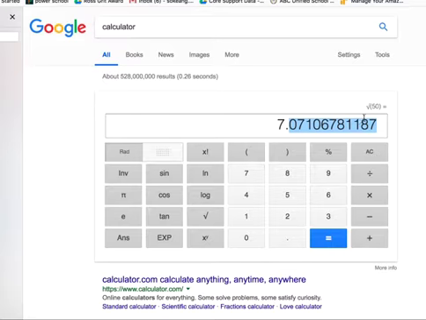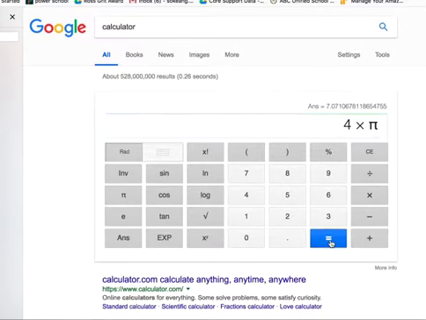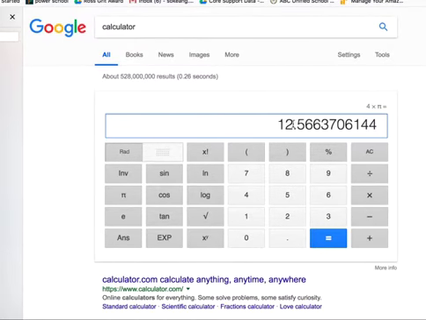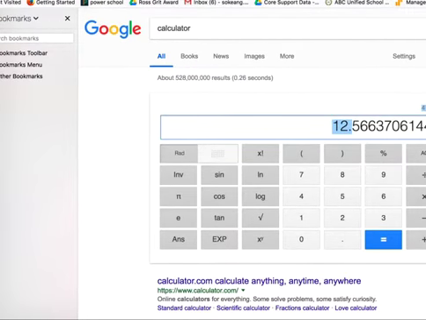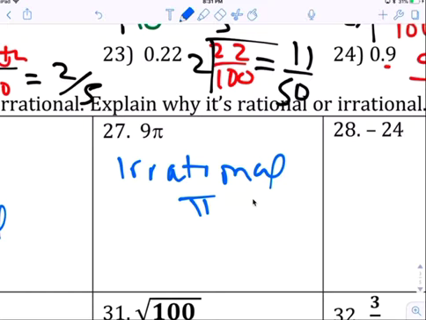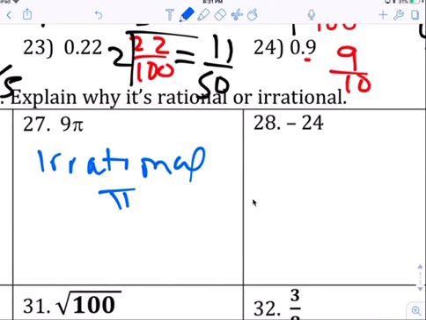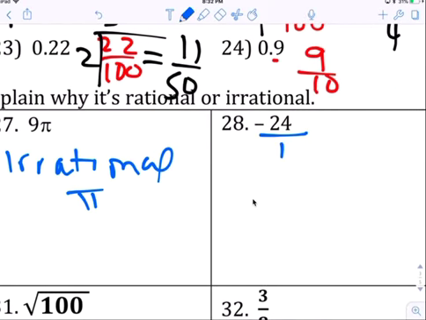Okay, so 4 times pi, right? You get a number that does not repeat and never ends. So it's irrational. Anything with pi is irrational because of pi. This can be made as a fraction, negative 24 over 1. Because it's a fraction, it's rational.